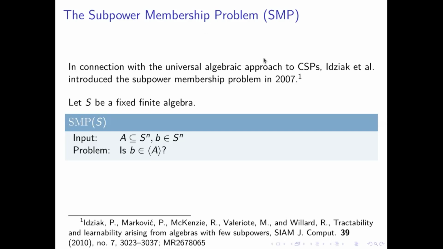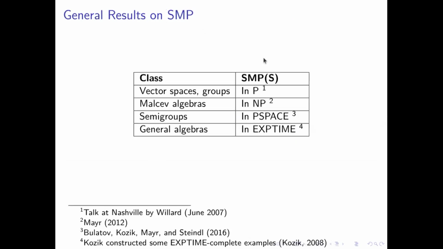This has been studied thoroughly, and there are a few results on SMP. For vector spaces and groups, SMP is in P, as proven by Willard. For Mal'cev algebras, it's in NP, proved by Mayr.